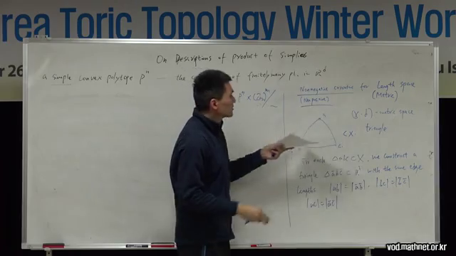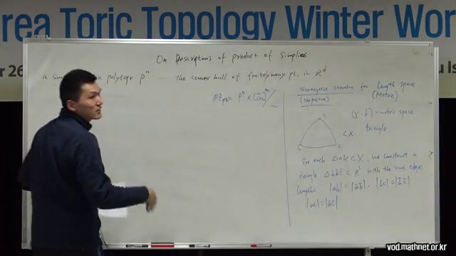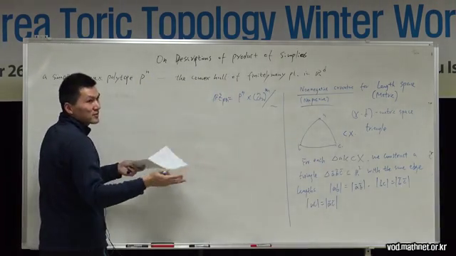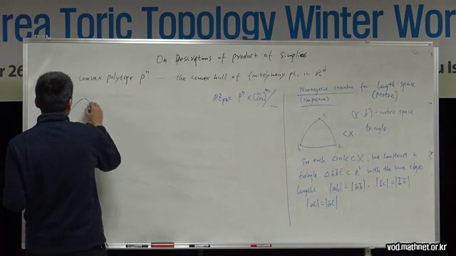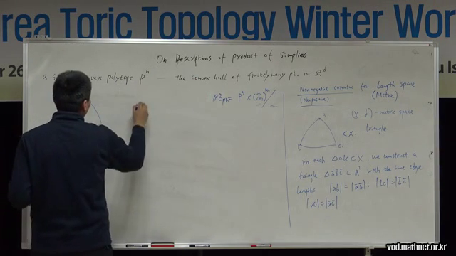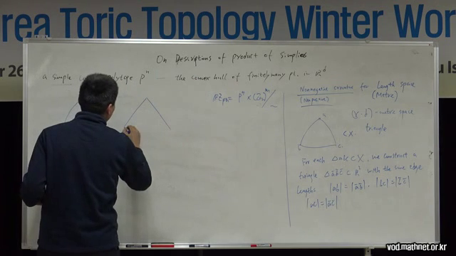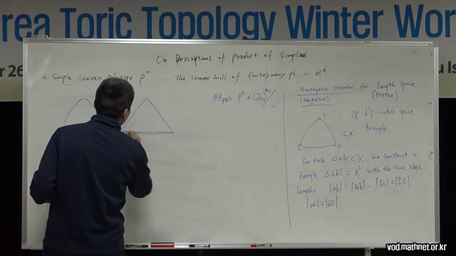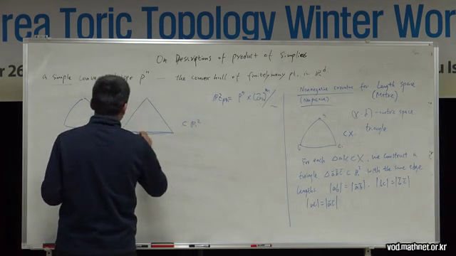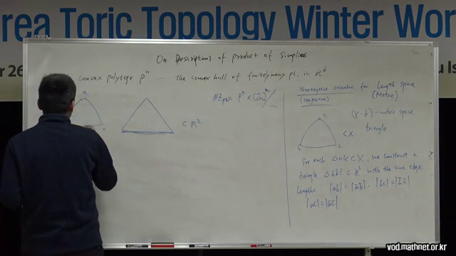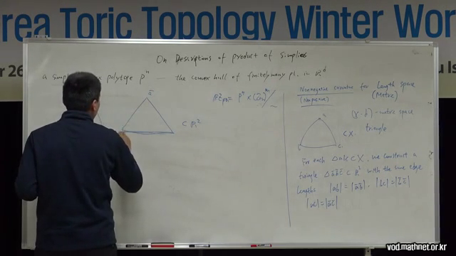Because this satisfies the triangle inequality, as long as it has this property we can build a similar triangle. So this is in X, and then we draw something similar in the Euclidean plane. This is A, B, C. This is A bar, B bar, C bar.